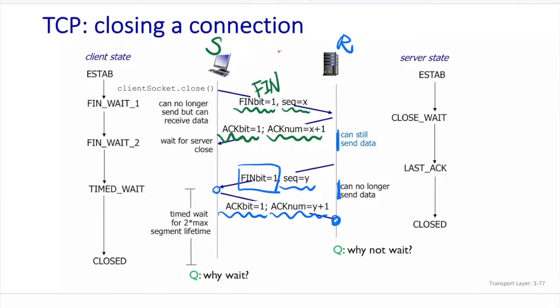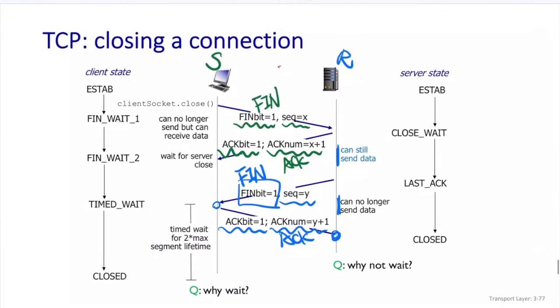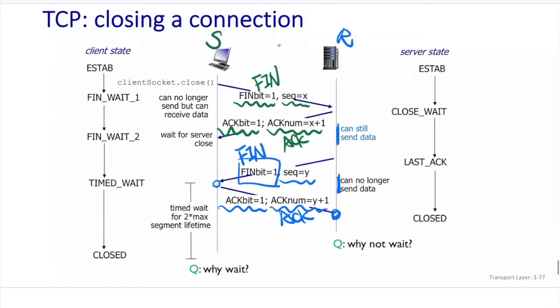That is an ACK, green ACK, and that is the green FIN packet, and that is the ACK packet. Although there are 4 different packets with different meanings, usually these 2 segments will actually be 1 segment because they are from R to S.